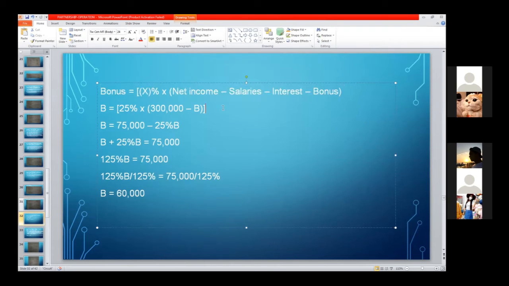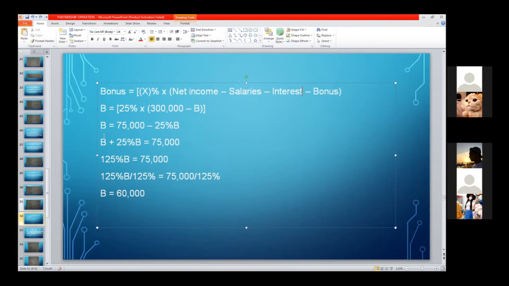Kapag sinabing profit before salaries and interest and bonus, dinideduct n'yo lang yung mga yan. So profit after salaries, after interest, after bonus. Tandaan n'yo yan, kapag after, i-less n'yo lang yung salaries, interest, and bonus.